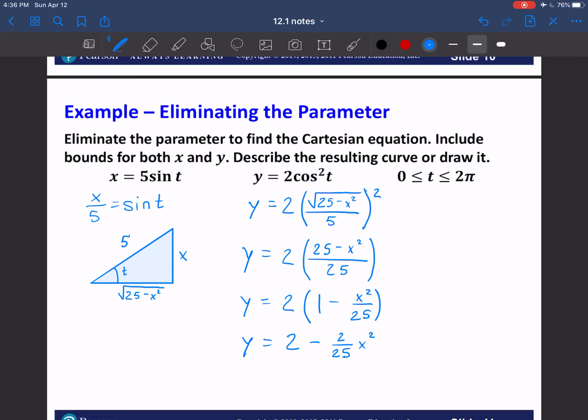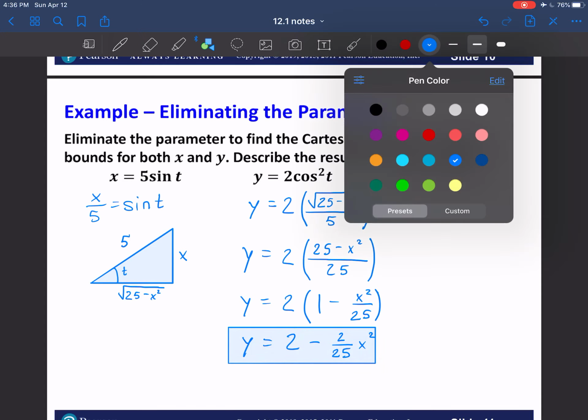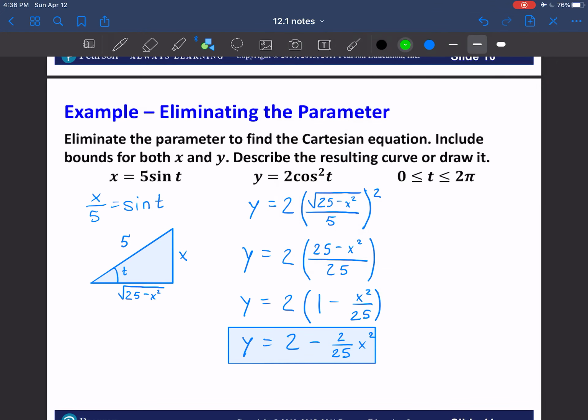So this, let me box my answer. Parabola with vertex at 0, 2.